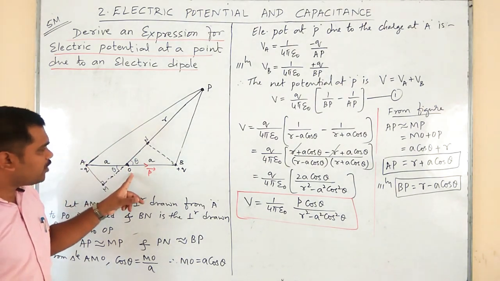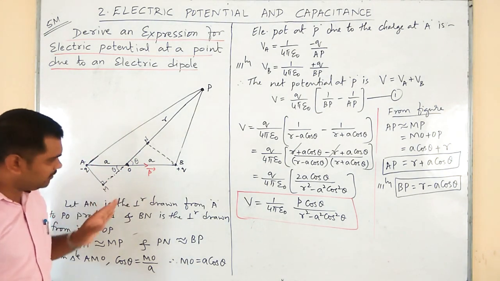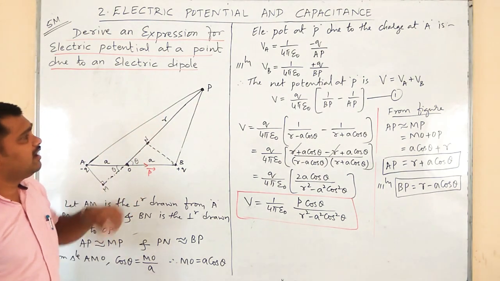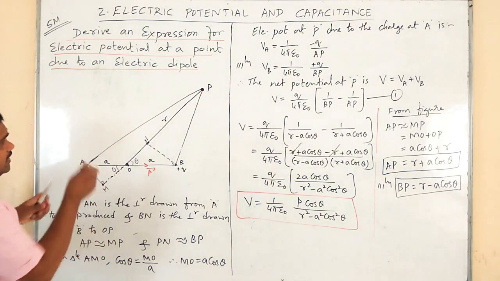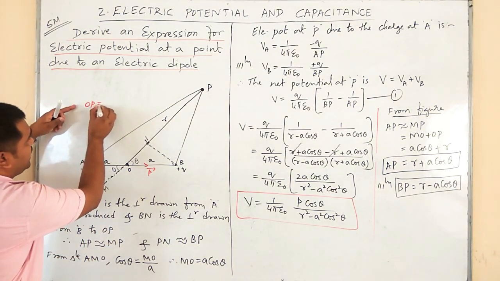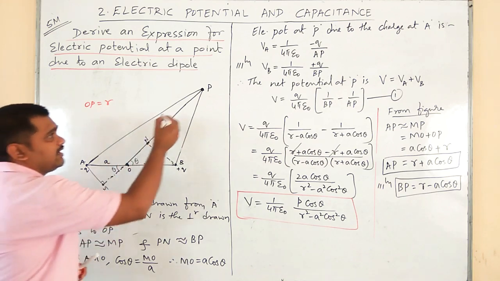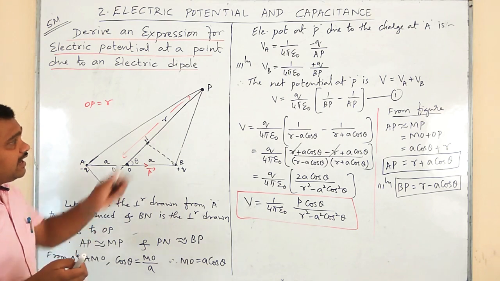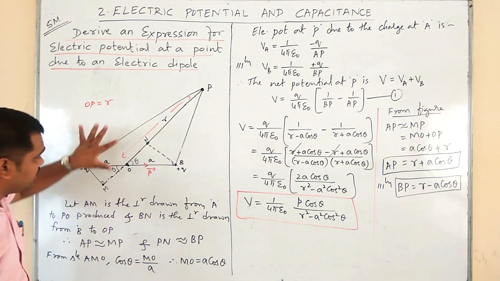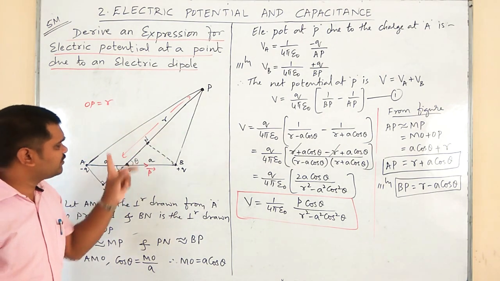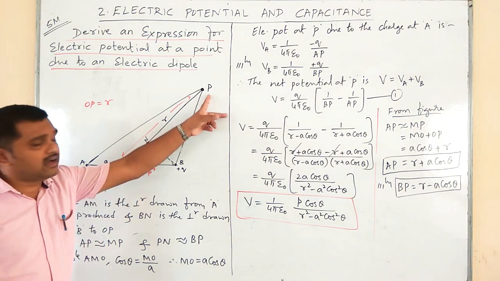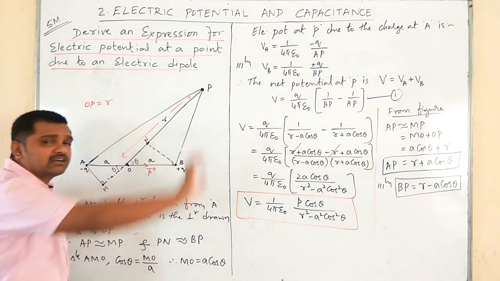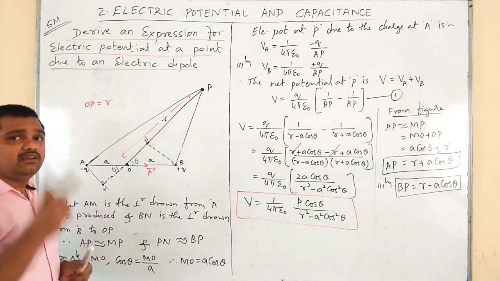Next, let O be the center of this electric dipole. From center, at a distance of some small r, I have considered a point P. It is better to write OP is equal to r. Otherwise, you can show the arrow mark like this. From O to P, I have taken small r like that. Now, at distance r from center O, I have considered a point P. Next, at P, how many electric potentials can we expect? Two electric potentials.